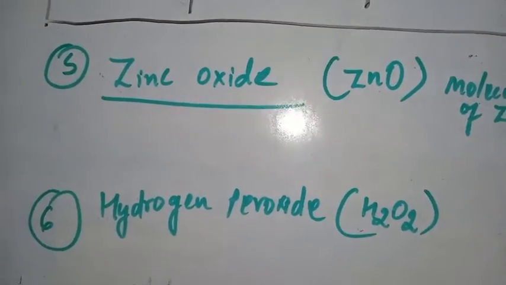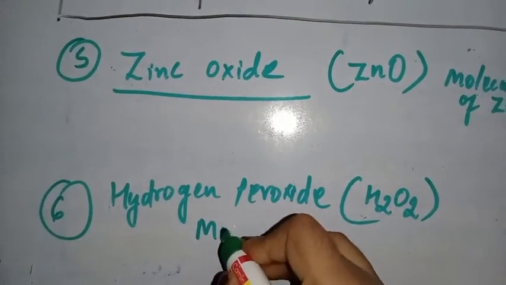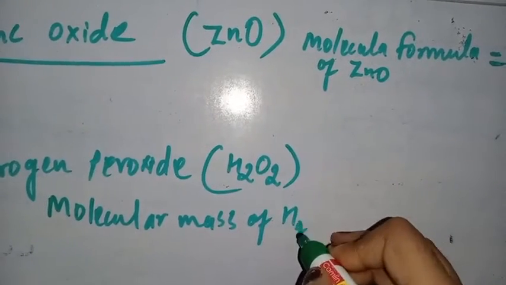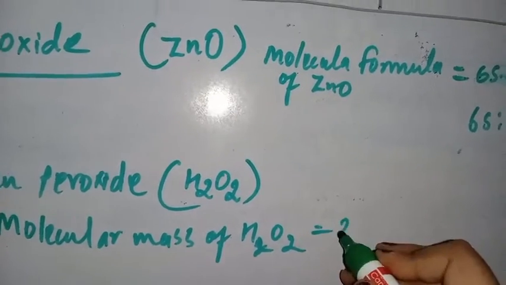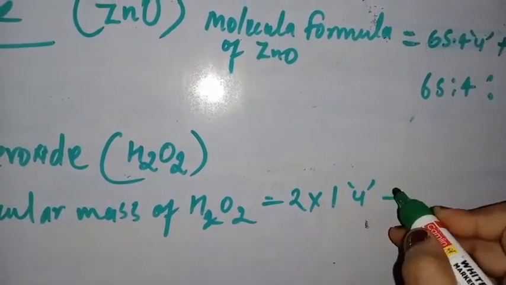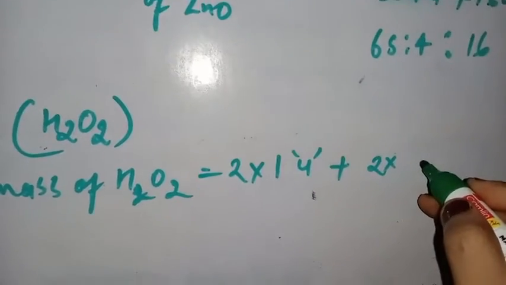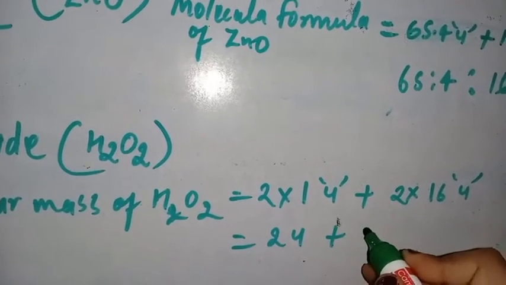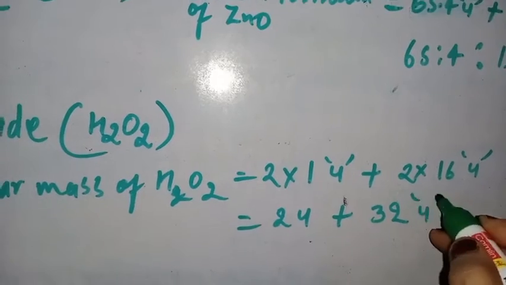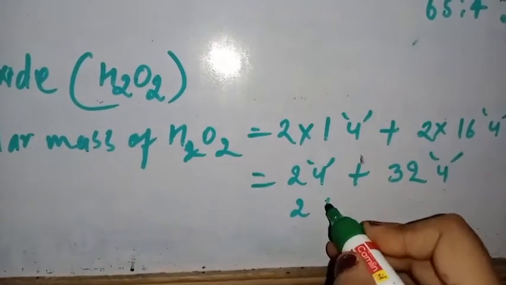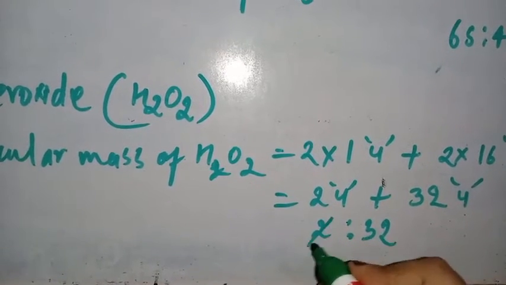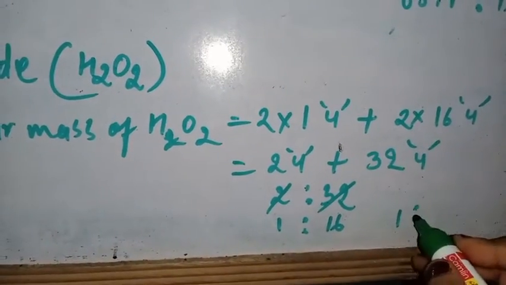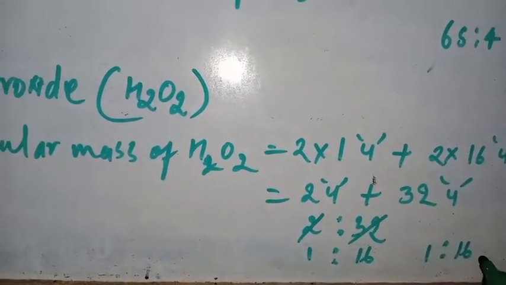So here the molecular mass of H2O2 is 2 into atomic mass of hydrogen, 1 U, plus 2 into atomic mass of oxygen, 16 U. You will get 2 U plus 32 U. So the ratio will be 2:32, but we can simplify it by dividing by 2, so you get 1:16 ratio of combining atoms by mass.